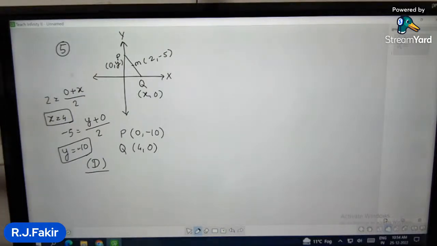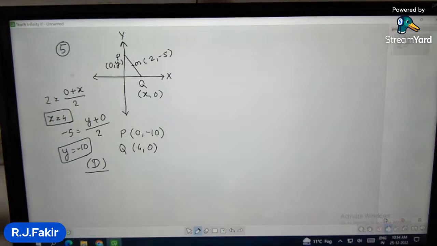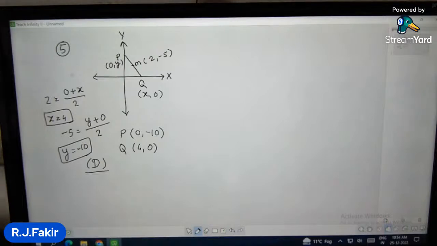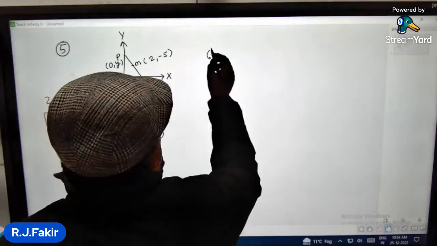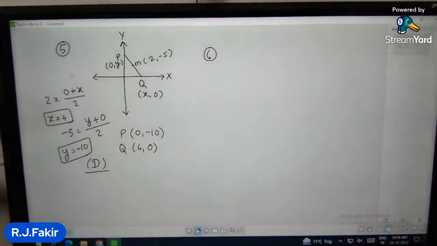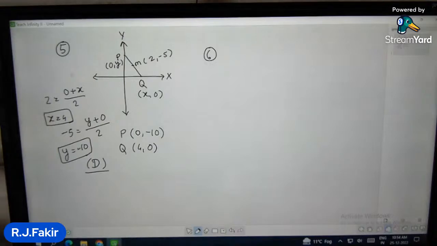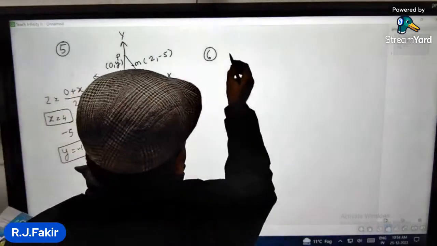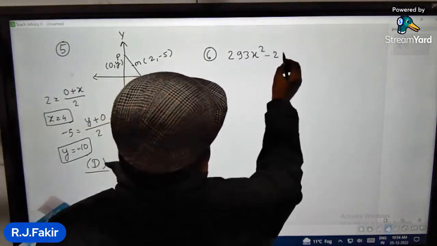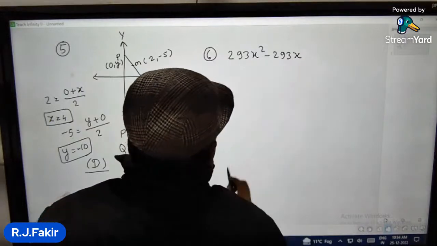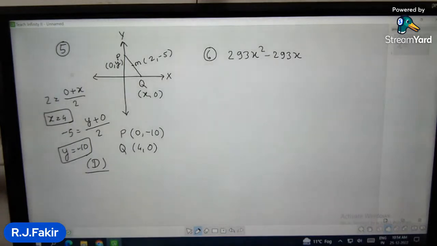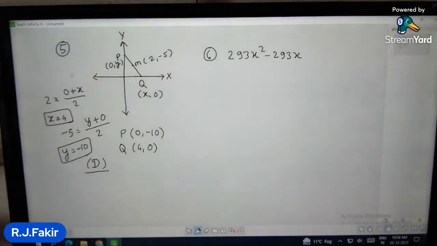Now question number 6. I think question number 6 is somewhat easier. There is a polynomial 293x square minus 293x. And the question is, how many zeros does the polynomial have?